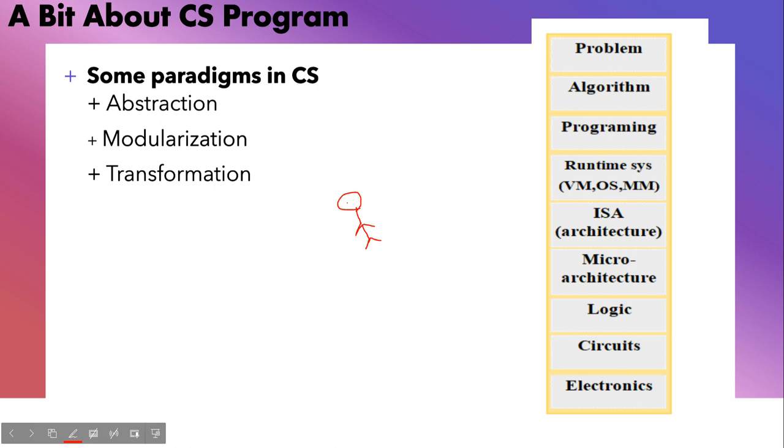This person has a problem and likes to solve the problem by computers because he needs to automate that process, because otherwise we can replace the whole diagram from programming up to the end with humans, but we don't want to do that.